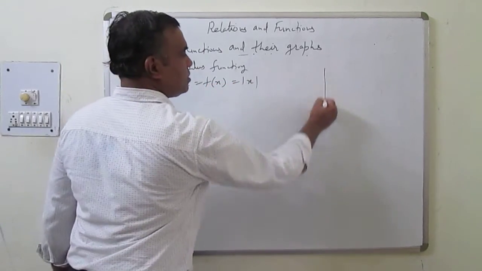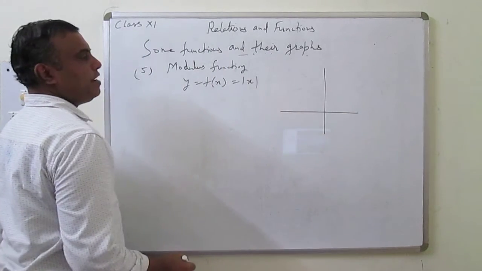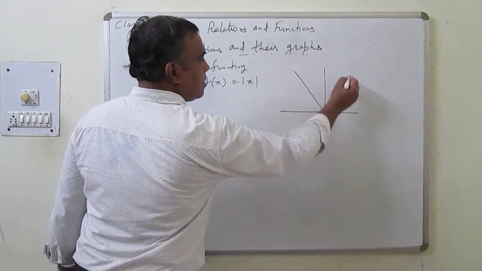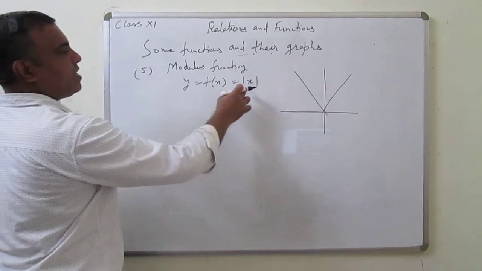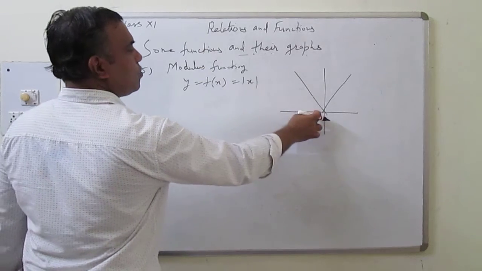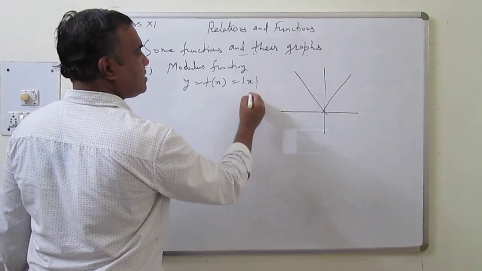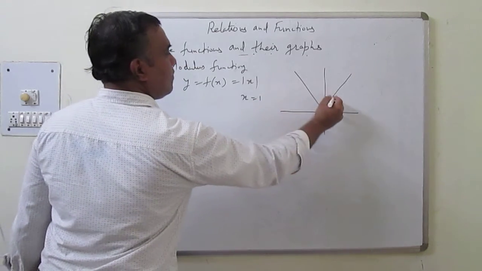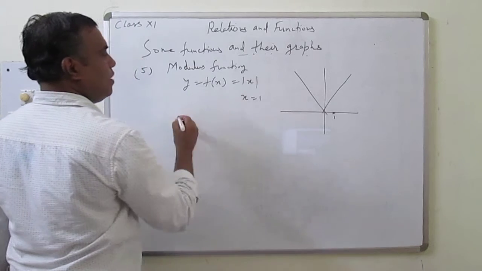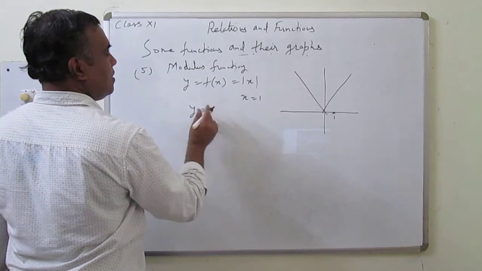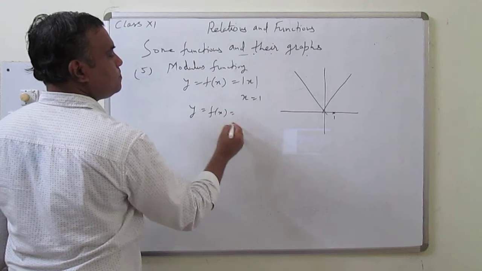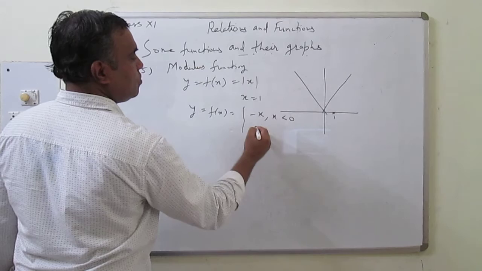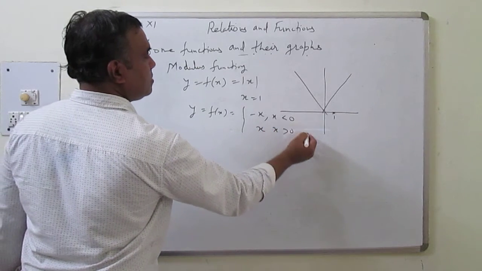Now the graph of this is always positive, like this. If you take x as 1 or minus 1, it is a positive real number. You can take anything for x, take 1, you will get y also 1. There are two cases of x: f(x) is equal to minus x for x less than 0, and x for x greater than 0.